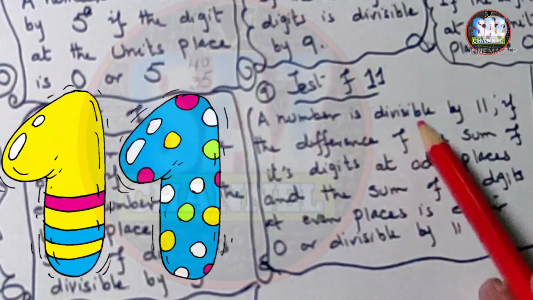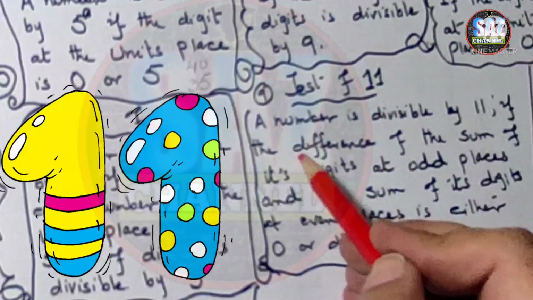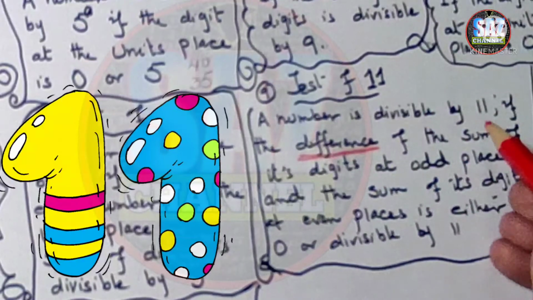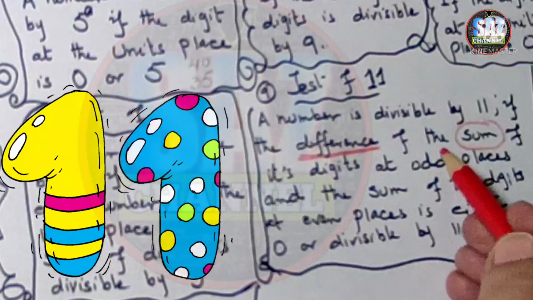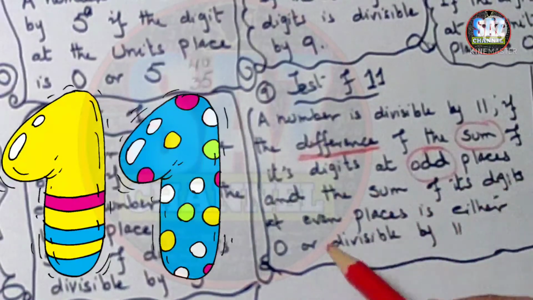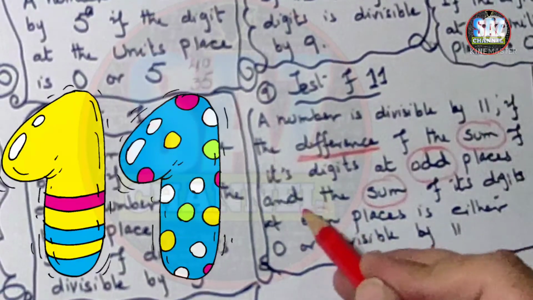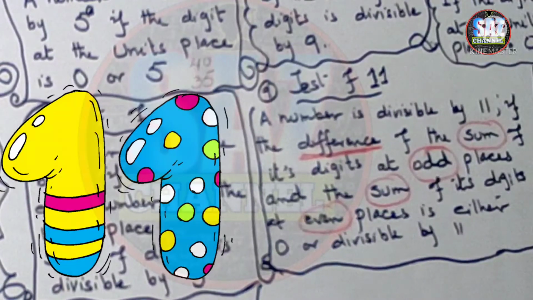A number will be divisible by 11 when? If the difference of what? The sum of its digits at odd places and the sum of the digits at even places is either 0 or divisible by 11.